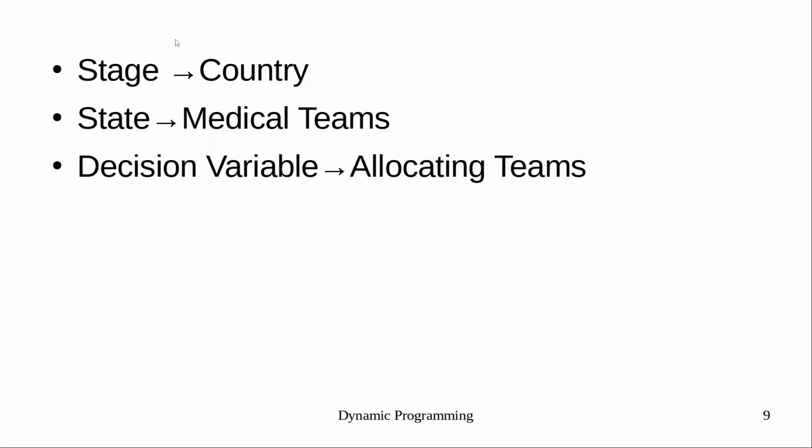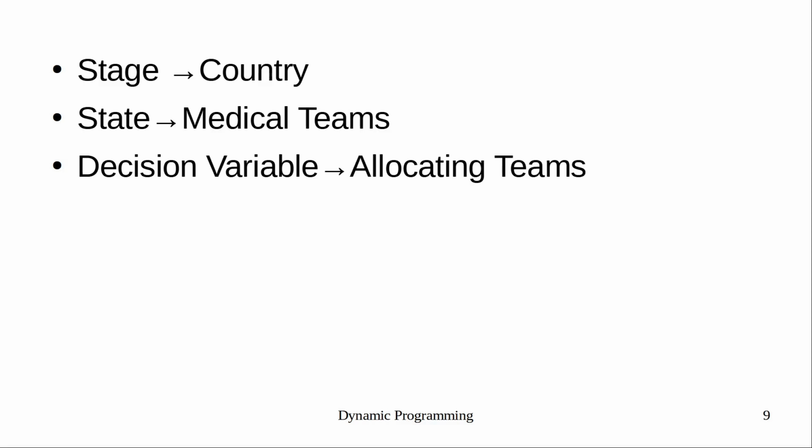So let's briefly recap what we spoke in the last slide. Your stage is nothing but the country. Your state is nothing but the medical teams allocated to the country. That is, when you go from country number 1 to country number 2, let us say you have 3 teams allocated to country number 1 and 2 teams are left over. So 2 is going to be the state for stage 2. Now your decision variable is going to be the teams that you are going to allocate to yourself.